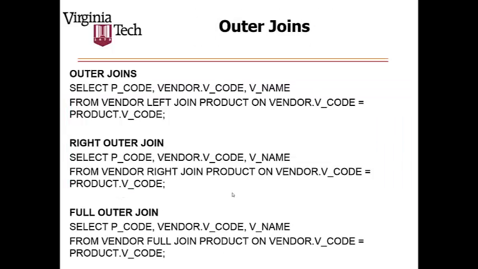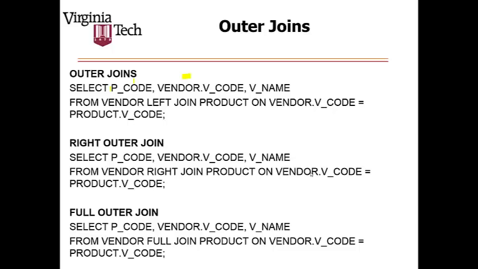Right, so here's an outer join where we select the P code and the vendor code. Interesting here, we don't specify the table. You don't need to, because that attribute is unique across tables, whereas the V code isn't.